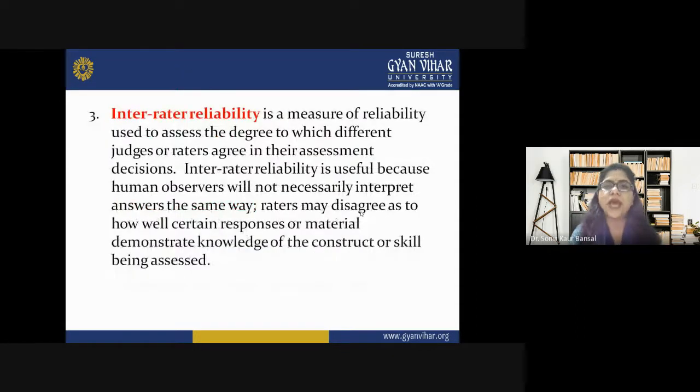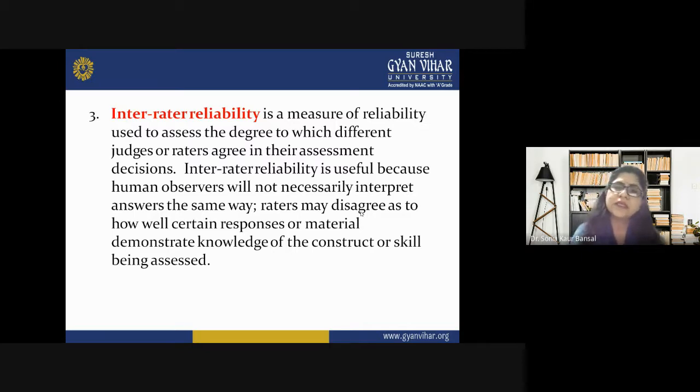Then the next type of reliability is inter-rater reliability. Inter-rater reliability is a measure of reliability used to assess the degree to which different judges or raters agree in their assessment decisions.